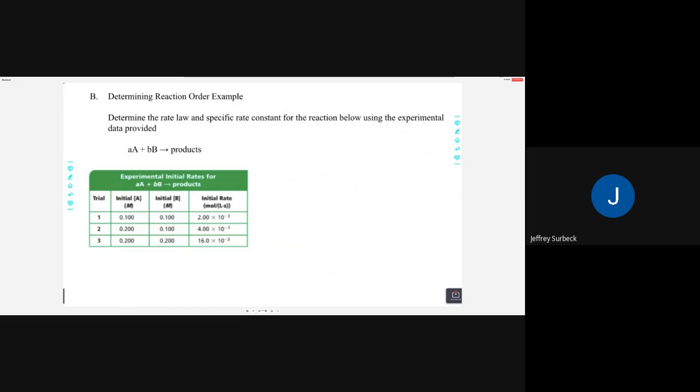Okay. Now, I want to start this thing out by saying, we want to figure out the rate law. And so what that means is that we want to figure out this equation here. Our goal up top here is to figure out, we want to know rate equals K times the concentration of our first reactant, which this is a generic example.